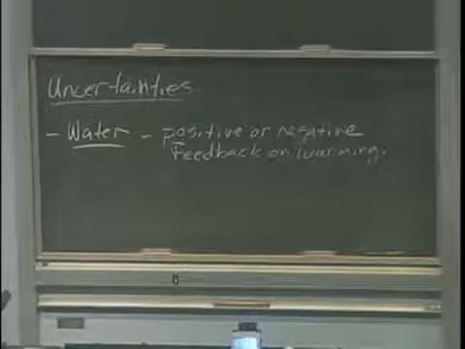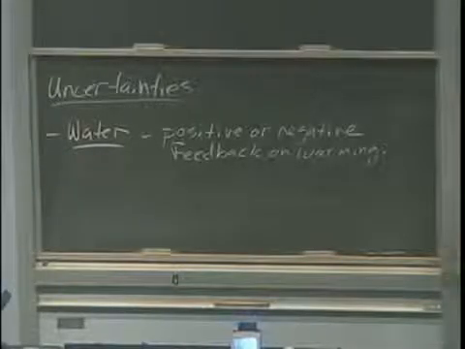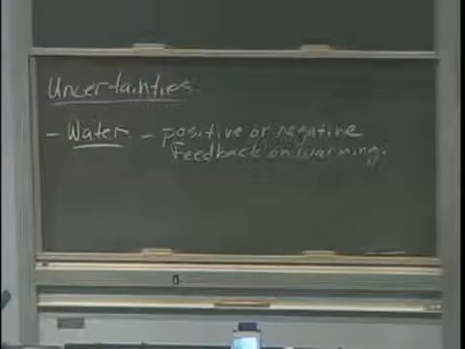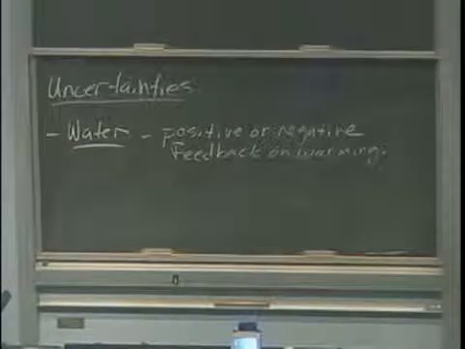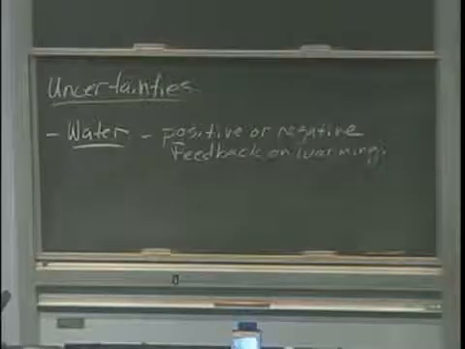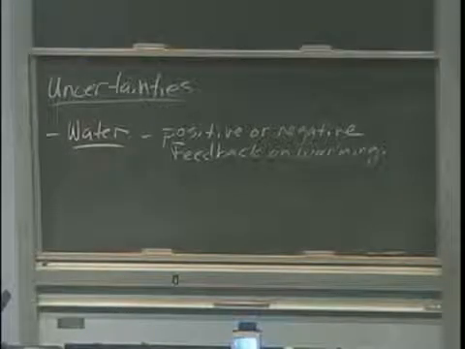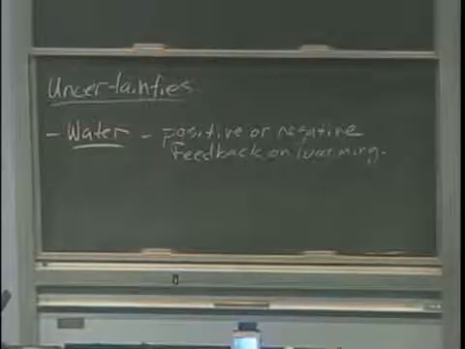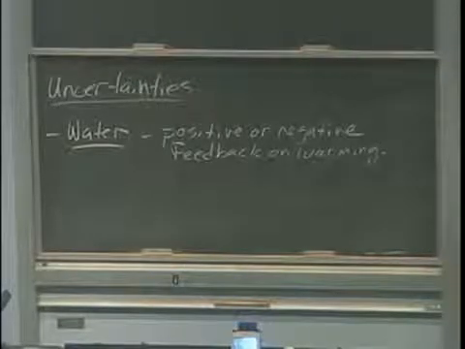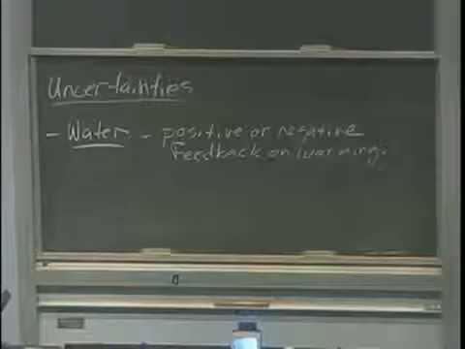Okay? The other ones, I won't go into as much detail, but the effects of increased temperature on climate and weather, I would say, are very uncertain. So just because the Earth's heating up doesn't necessarily mean we can predict what the climate's going to look like or what the weather's going to look like at any position on the Earth.